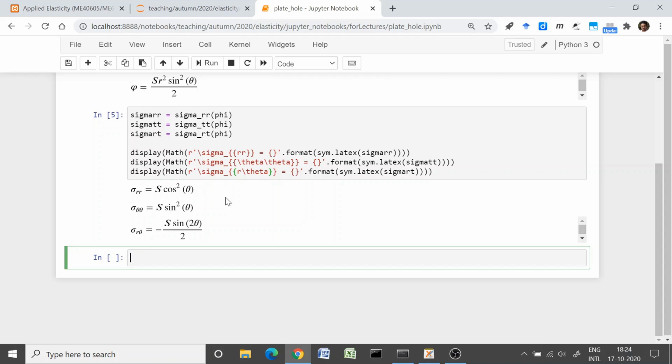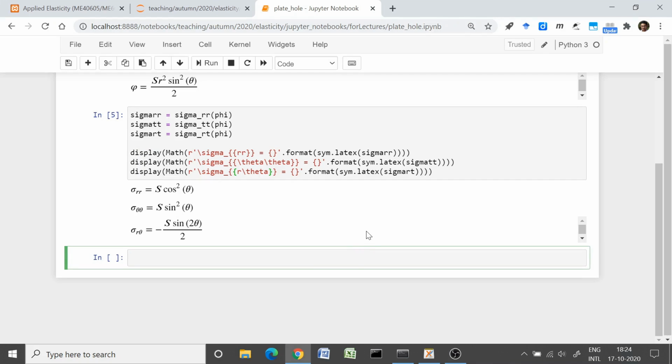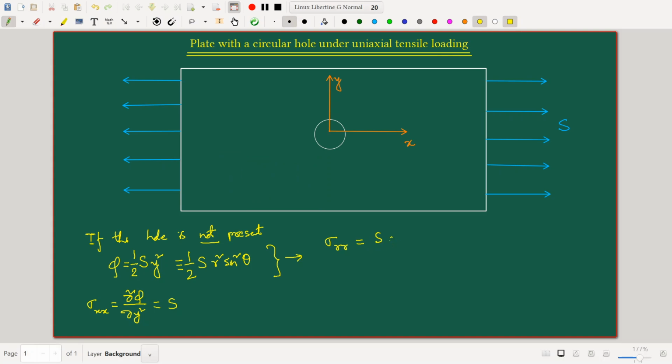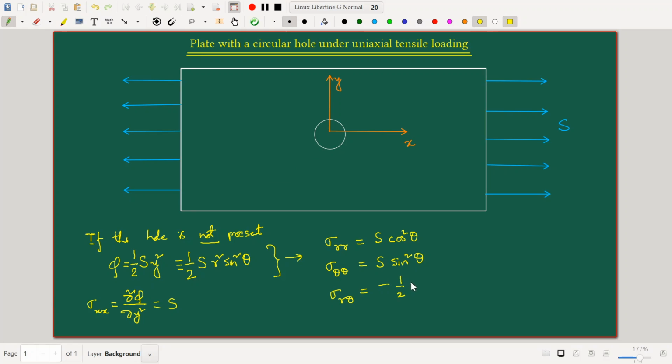And we remind ourselves very importantly again that this stress field that we have just obtained, sigma rr equal to S cos squared theta, sigma theta theta equal to S sine squared theta, and sigma r theta equal to minus half of S sine 2 theta.